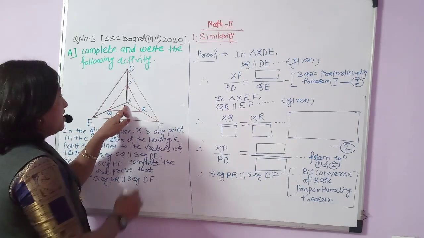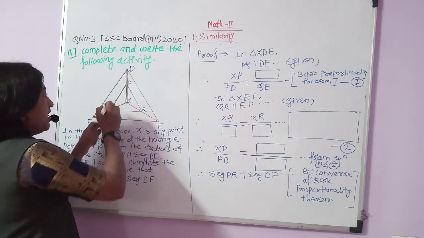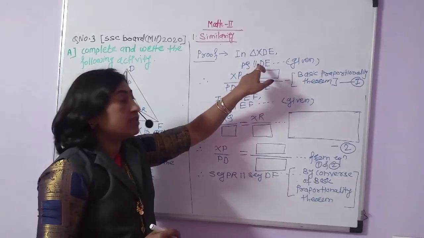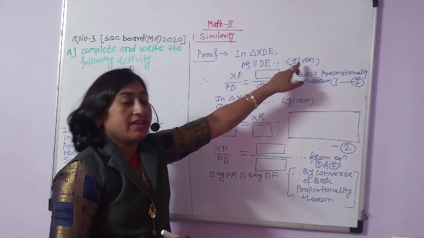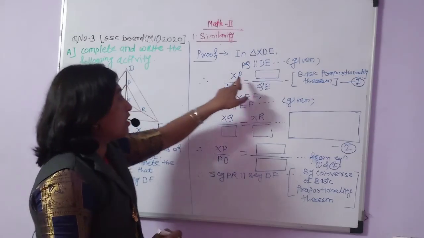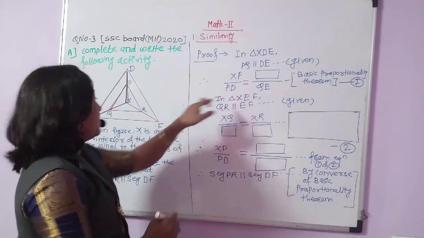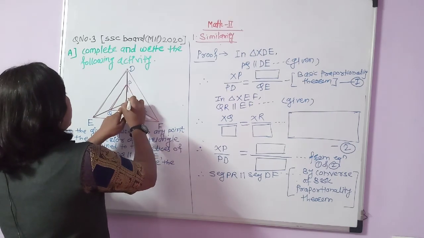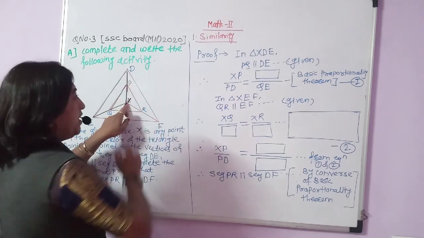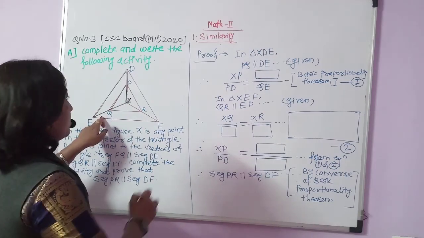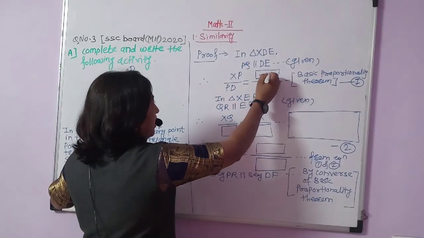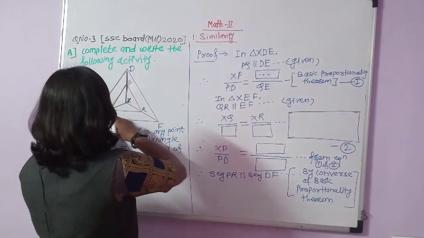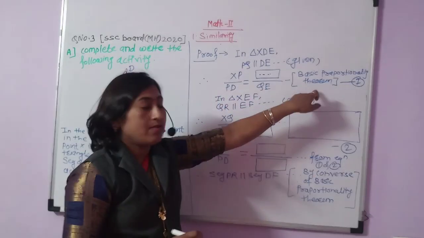In this triangle, this PQ is parallel to DE. This is given here. Therefore, XP upon PD, that is this part, this XP upon PD, which is equal to the dotted line. We fill the blank, this upon QE, by using the BPT theorem.